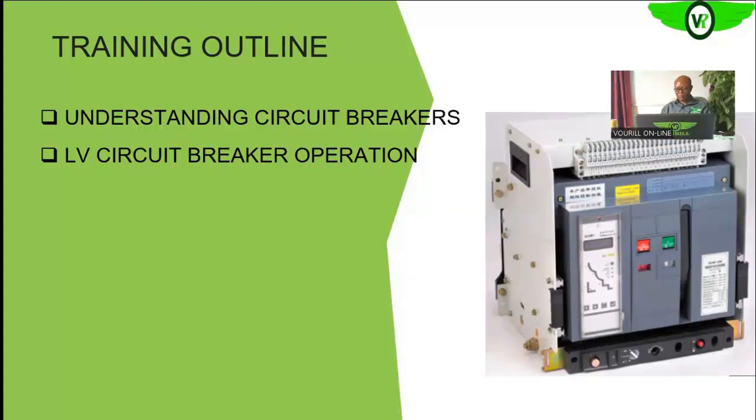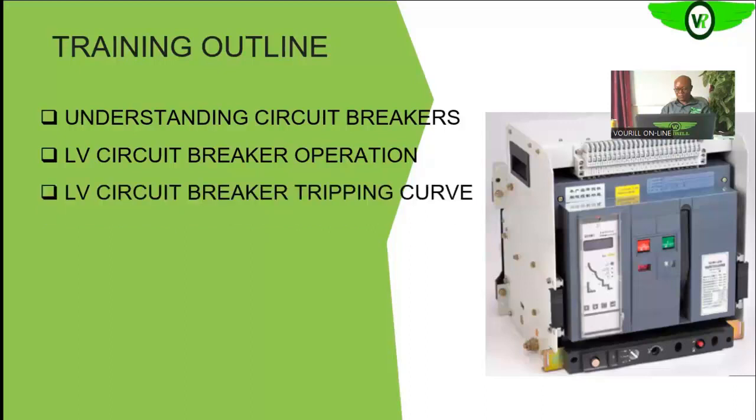Under the low voltage circuit breakers, we are going to look at the operating mechanism of the low voltage circuit breakers, how they operate, okay? And then we're also going to look at the tripping curve of those low voltage circuit breakers, and why understanding the tripping curve is important, especially in selecting the appropriate circuit breakers for our circuitry.